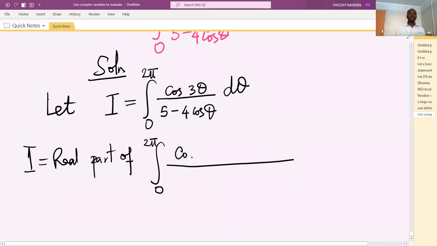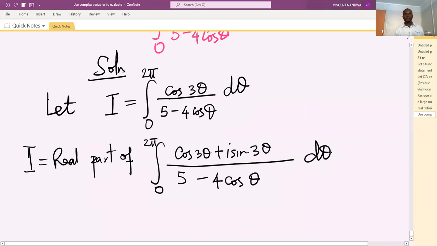So we'll have cosine of 3 theta plus I sine 3 theta over 5 minus 4 cos of theta d theta.